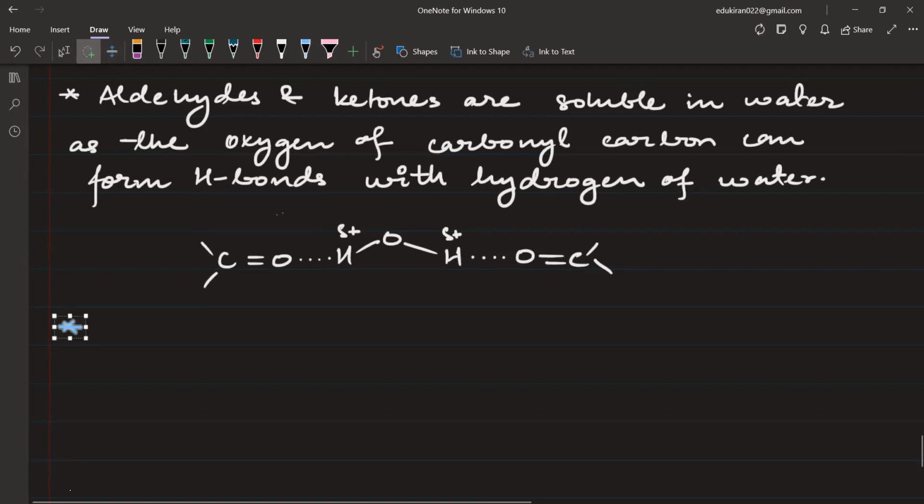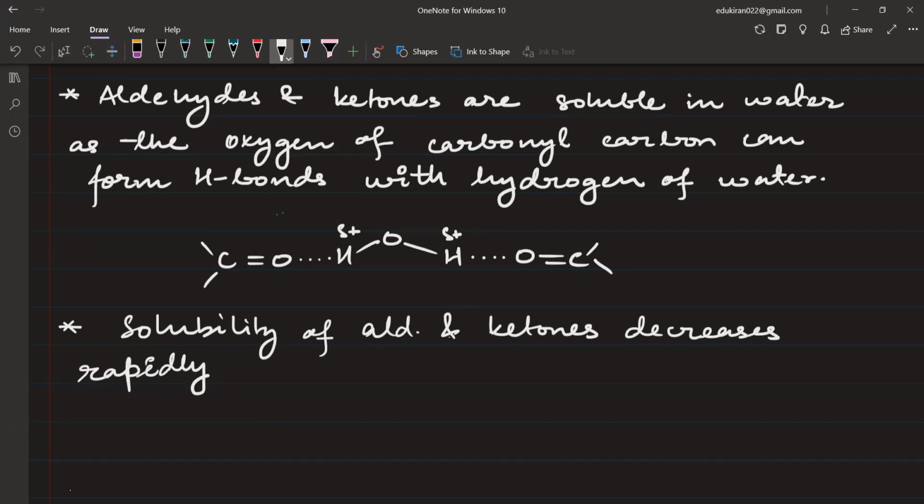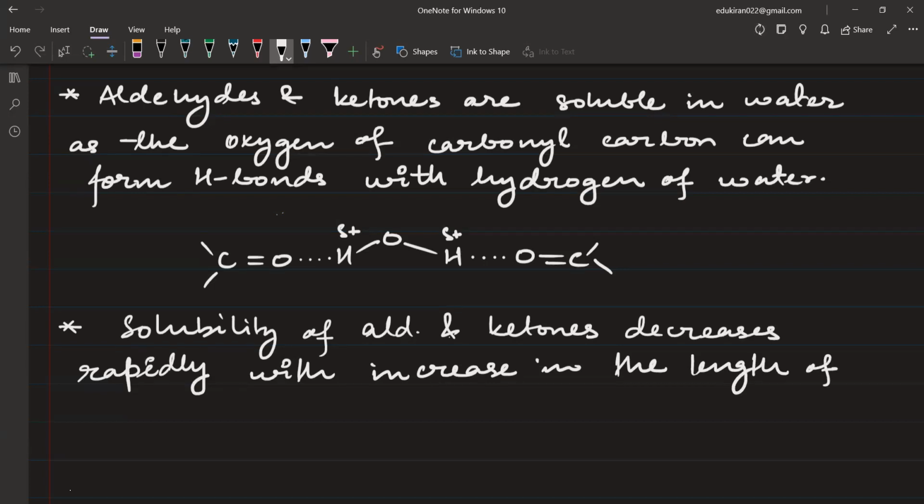Write the next point: solubility of aldehydes and ketones decreases rapidly with increase in the length of alkyl chain.